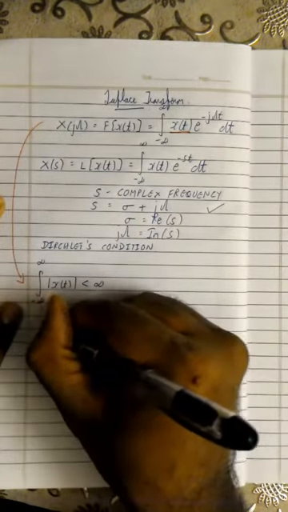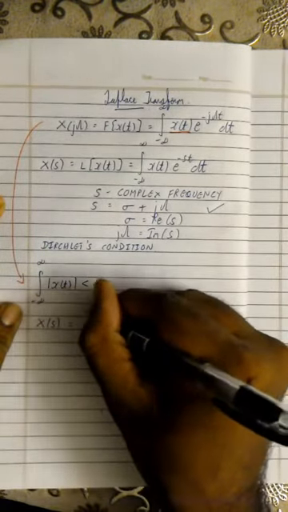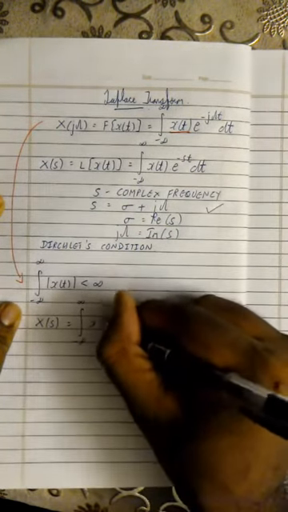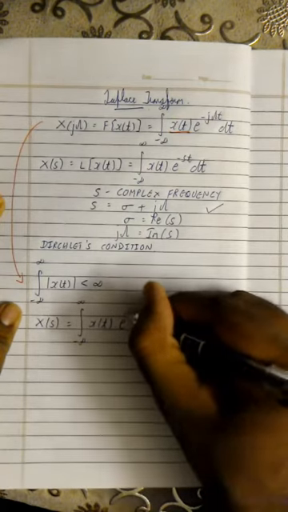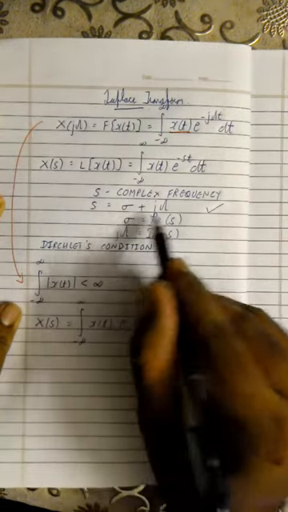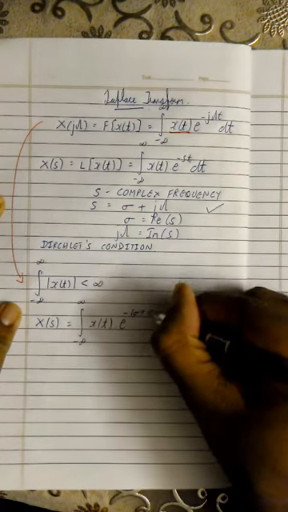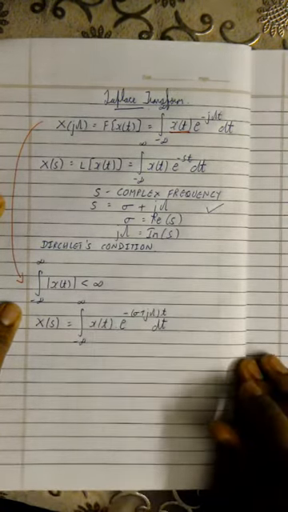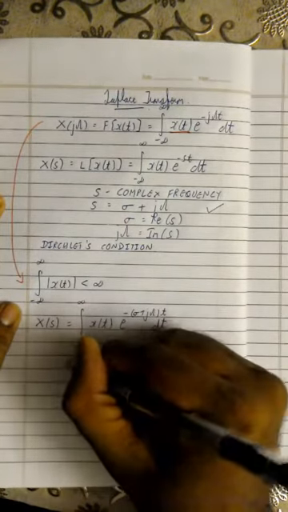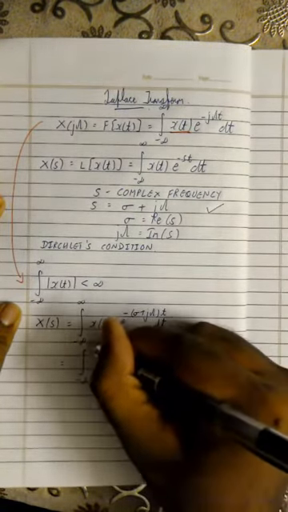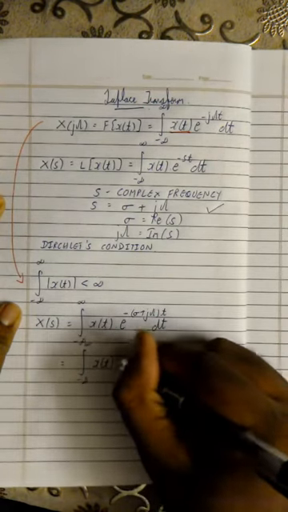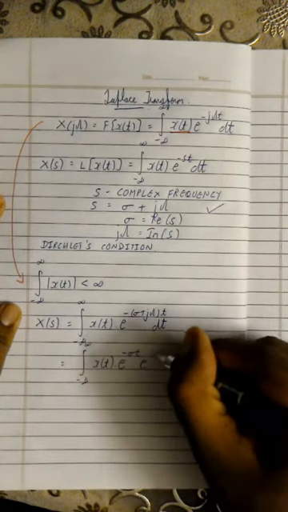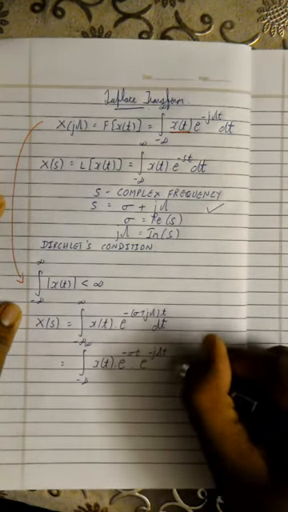I will get X of s equal to the integral from minus infinity to plus infinity of x of t into e raised to minus of, replacing s with sigma plus jΩ, sigma plus jΩ into t dt. I can also write this equation in this format, that is the integral from minus infinity to plus infinity of x of t into e raised to minus sigma t into e raised to minus jΩt dt.